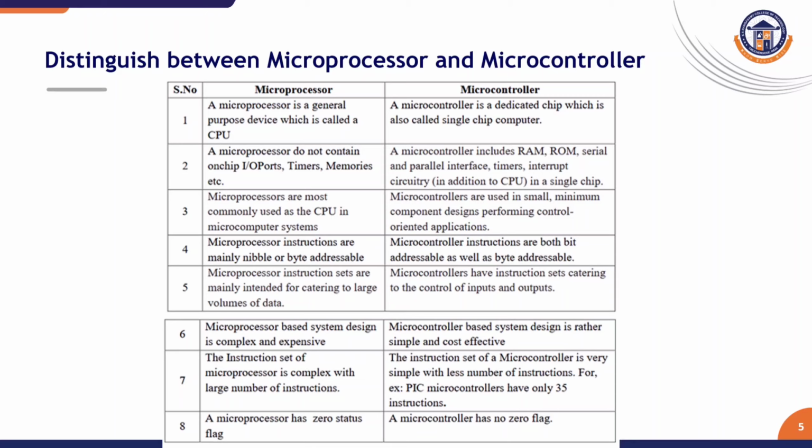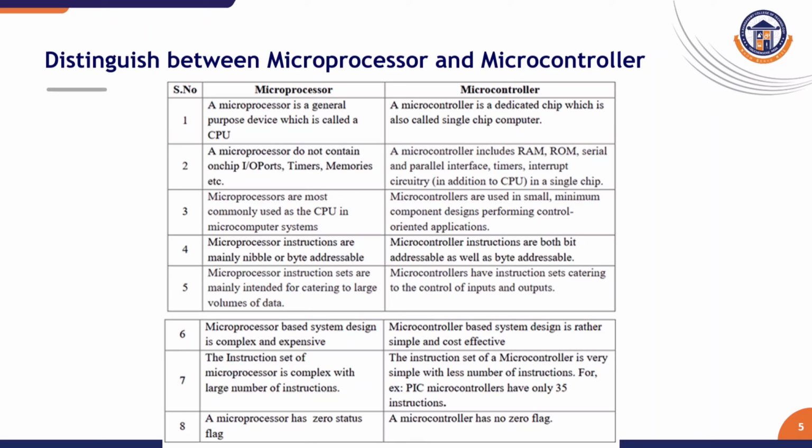Microprocessors are most commonly used as a CPU in microcomputer systems, but microcontrollers are used in small minimum component designs performing control-oriented applications. Microprocessor instructions are mainly nibble or byte addressable, but in a microcontroller instructions are bit addressable as well as byte addressable. Microprocessor instruction sets are mainly intended for catering to large volumes of data. Microcontrollers have an instruction set catering to the control of inputs and outputs.